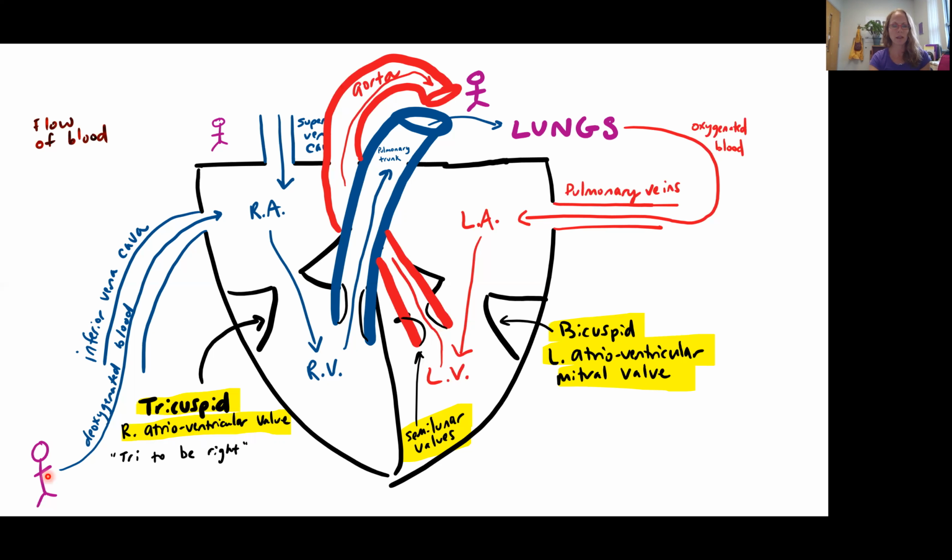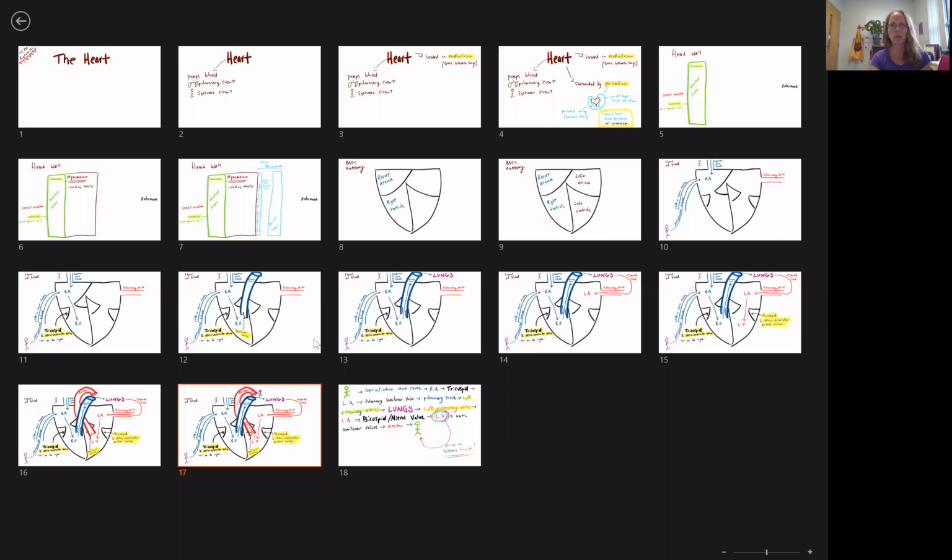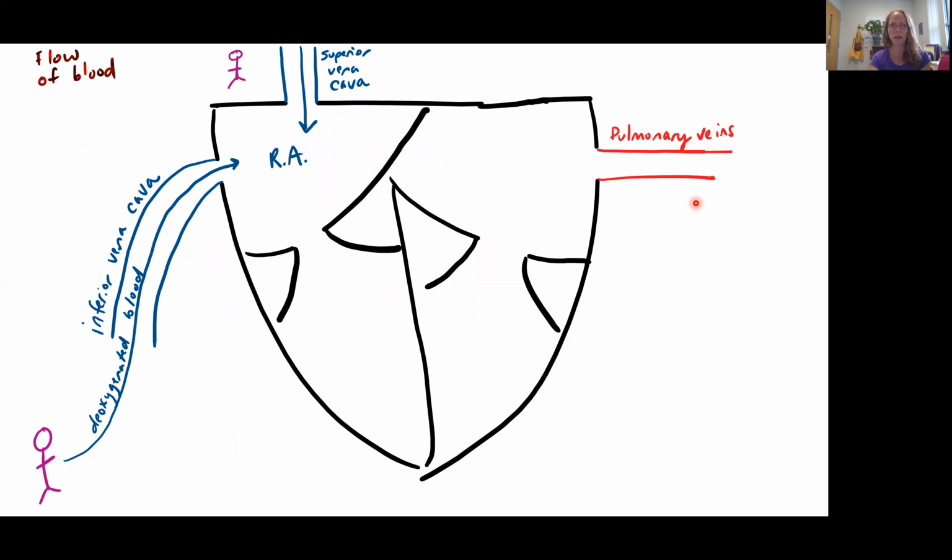So let's see if we can make that a nice little flow. I don't know how well that will work, but we'll try. Okay, so we're just going to click through so we can see the picture maybe with some movement.